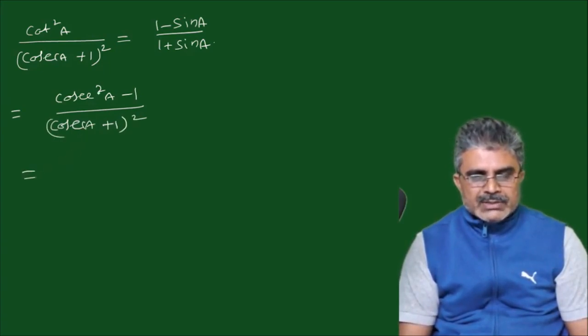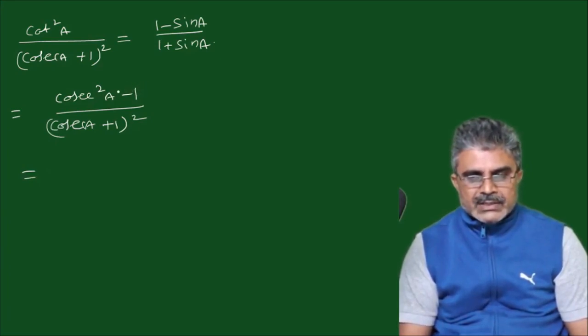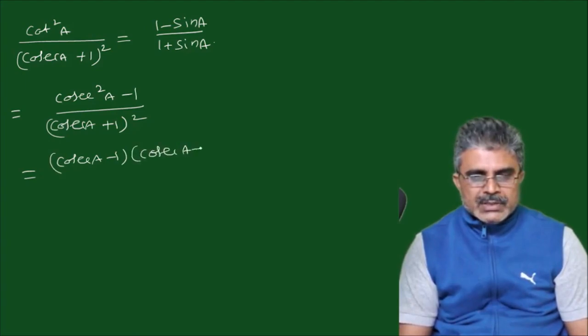So in the numerator, it is A square minus B square format. 1 can be written as 1 square. So it is A square minus B square format. So I can write A plus B into A minus B. So cosecant A minus 1 into cosecant A plus 1 divided by cosecant A plus 1 whole square.